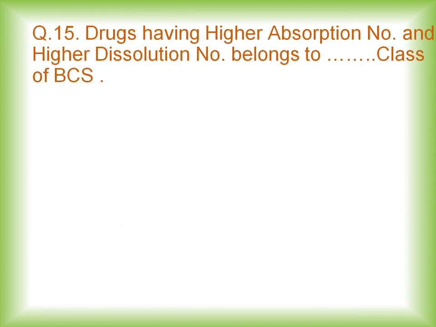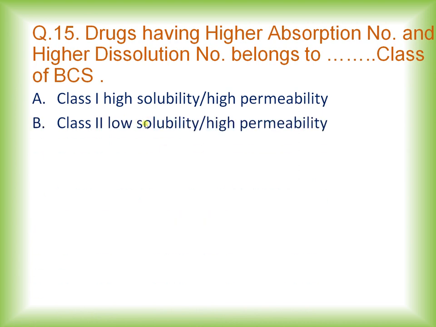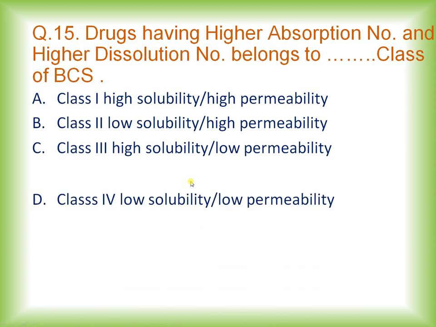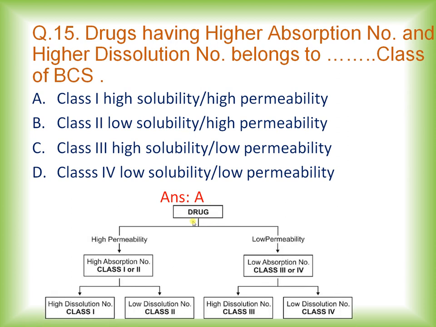Now coming to the last question: drugs having higher absorption number and higher dissolution number belong to dash class of BCS. Class 1, class 2, class 3 or class 4. And the right answer is class 1, that is option A. You can see this explanation over here.